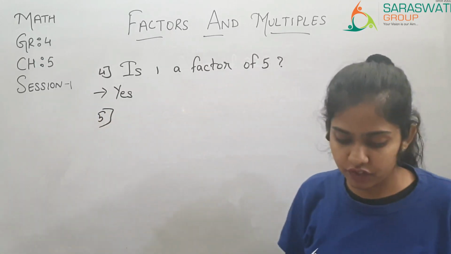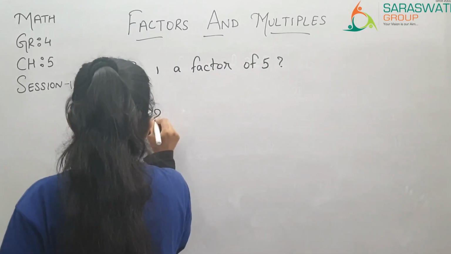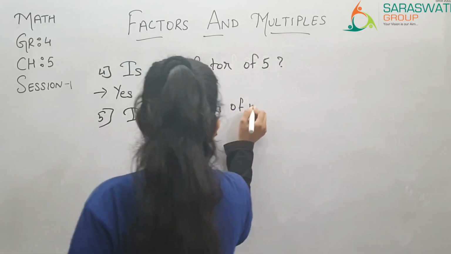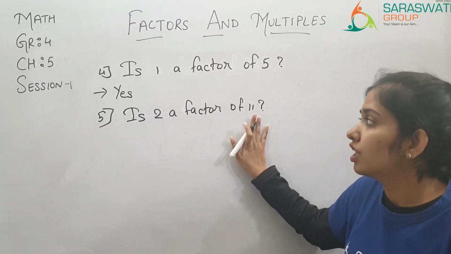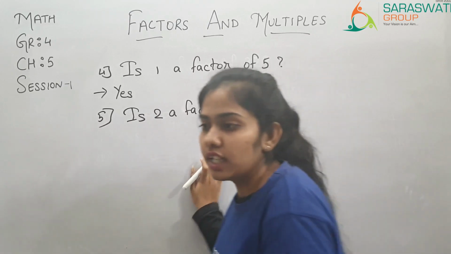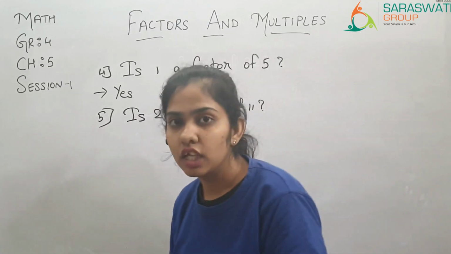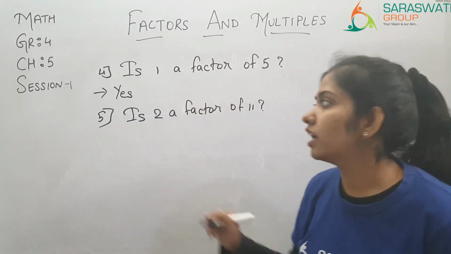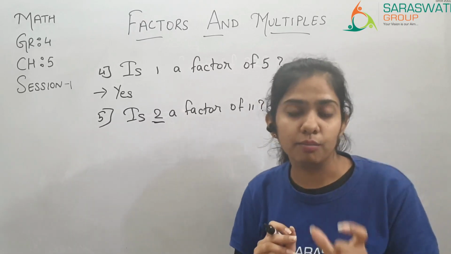Then after that, is 2 a factor of 11? By reading this only we come to know that 2 is a factor of every even number. If it is an even number, 2 can be its factor. Otherwise it is not possible. In case of odd numbers, 2 cannot be a factor of that number.